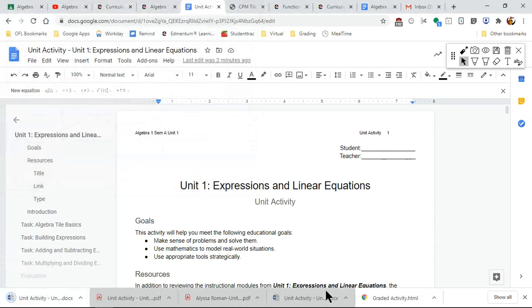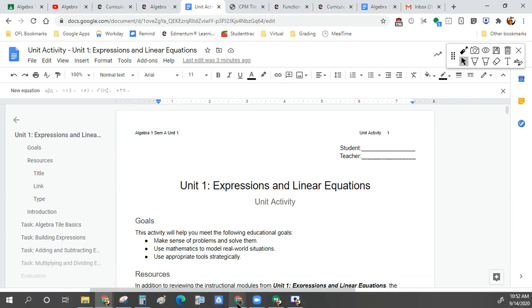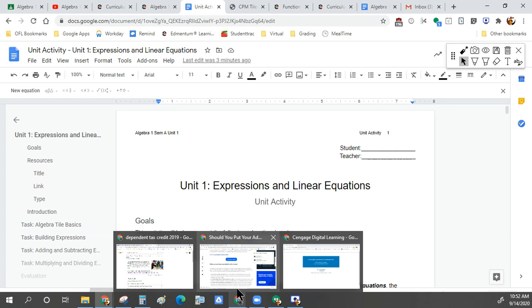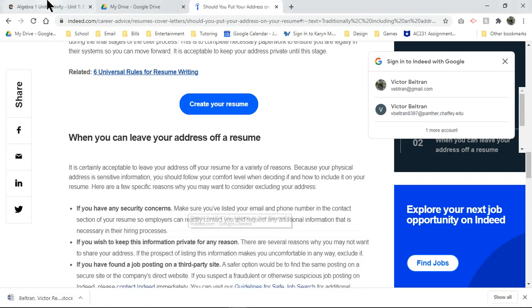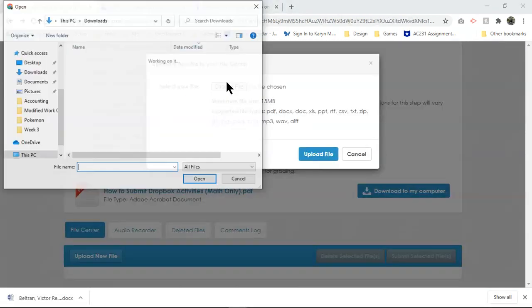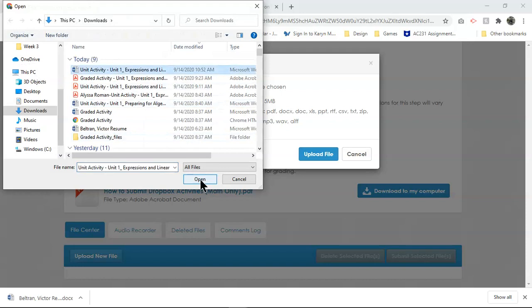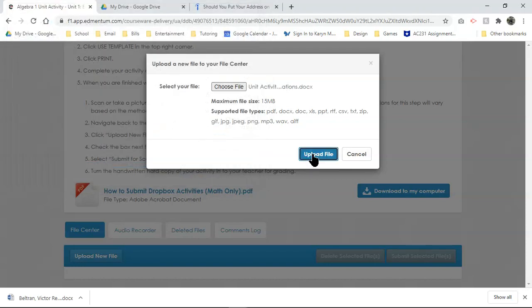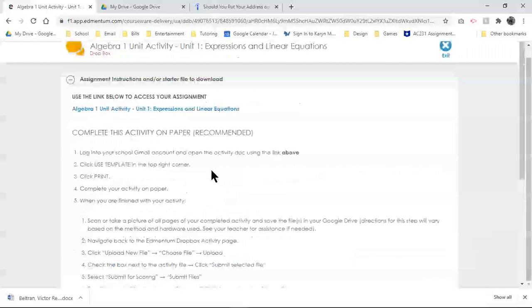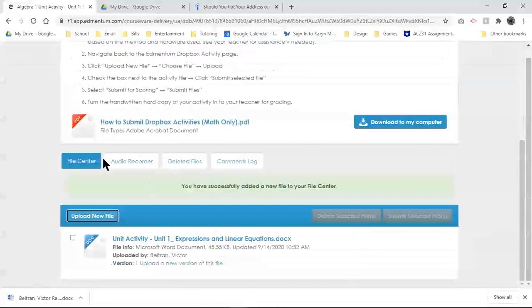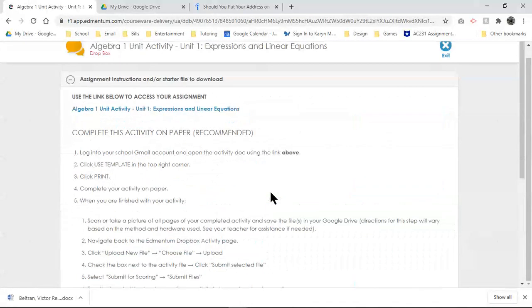And then to upload it, I'm going to go back to my student account, click this, and then click upload file. And when you're done, make sure to save it.